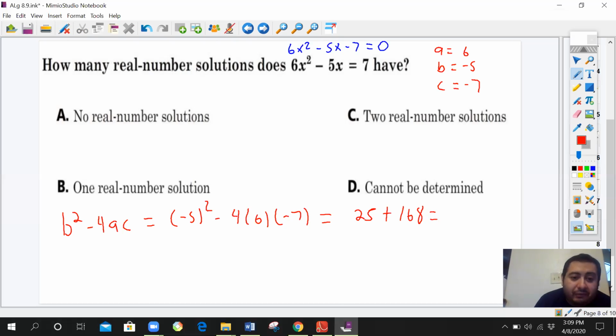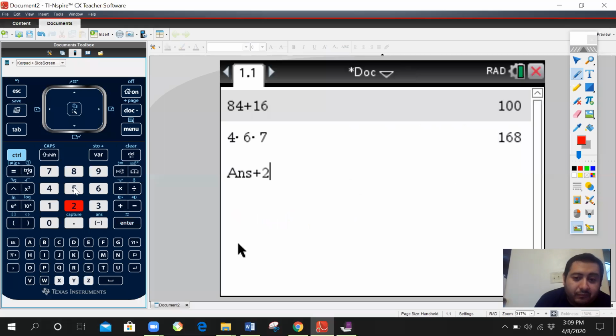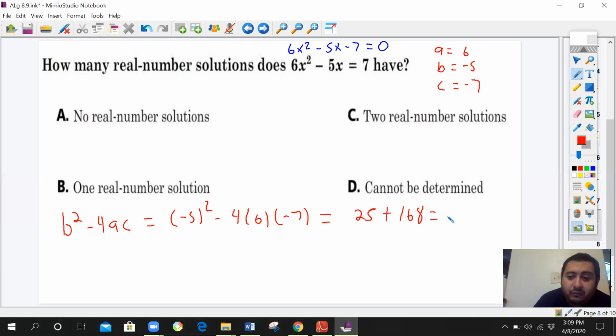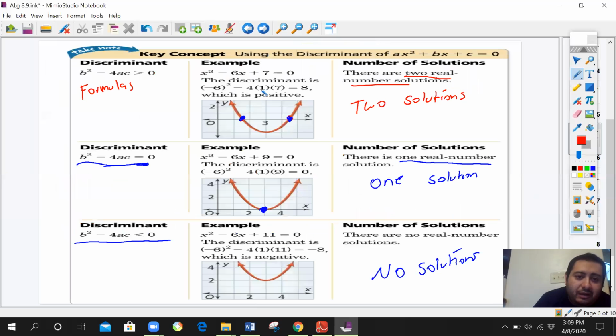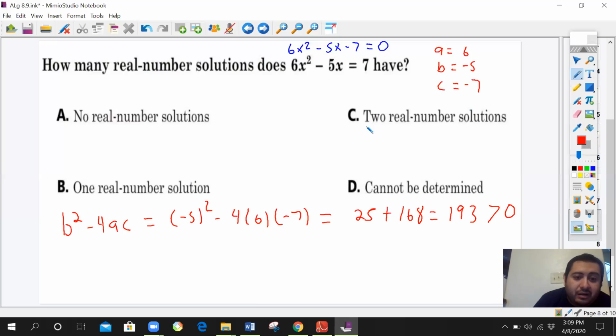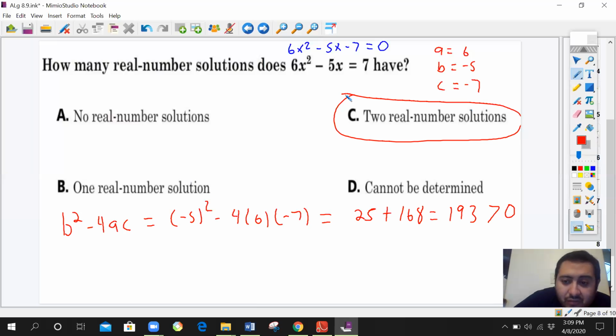Plus 25, 193. So this 193 is bigger than 0. So that means anything bigger than 0 is going to be 2 solutions. So here it is going to be dos soluciones, 2 solutions.